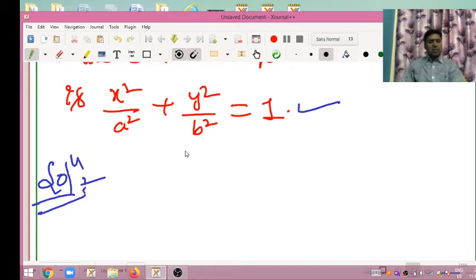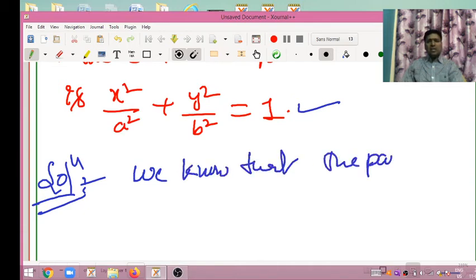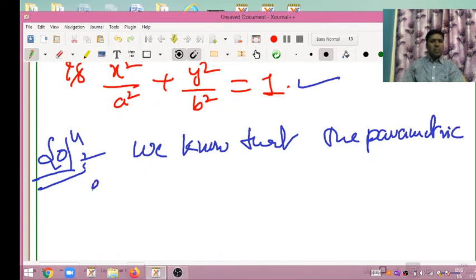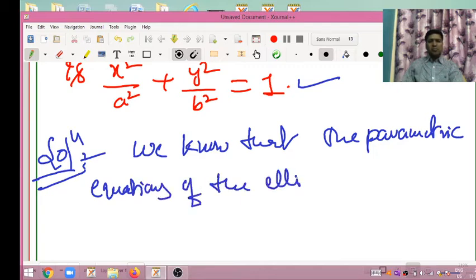For the solution part, we know the parametric equations of the ellipse. Which ellipse is given, my dear friends?